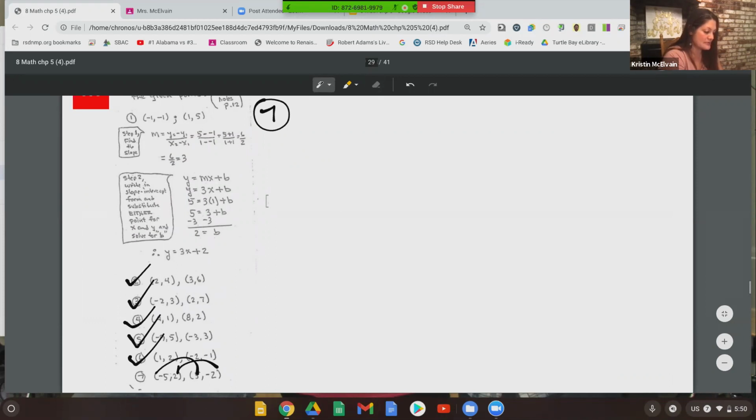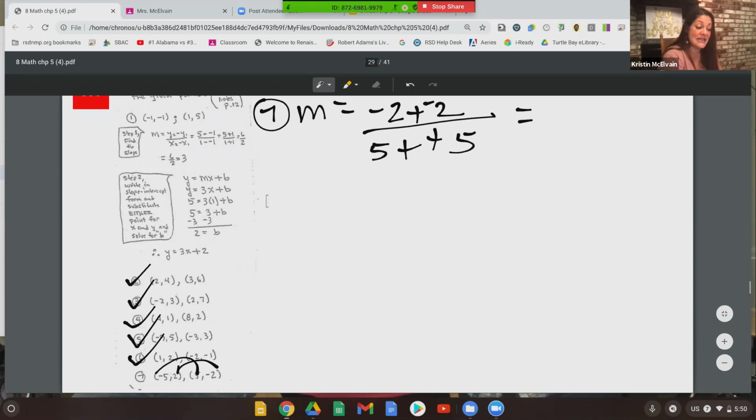Okay, so we're going to say slope equals -2 minus 2 over 5 minus -5. Add the opposite, gives us -4 over 10. When we simplify that, that gives us -2 over 5 for our slope.